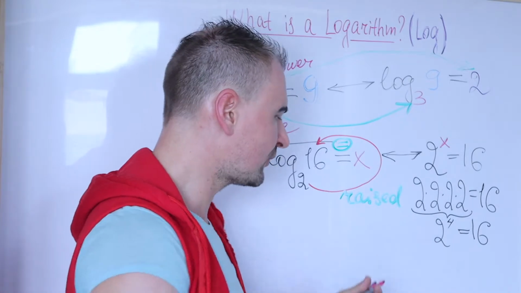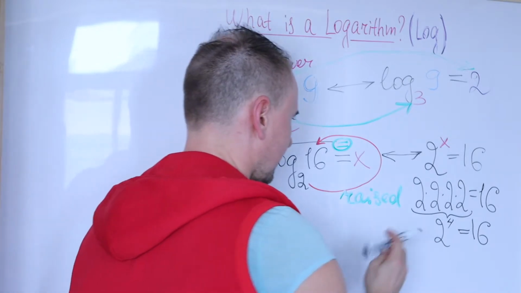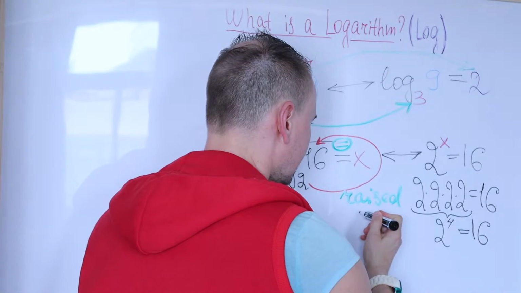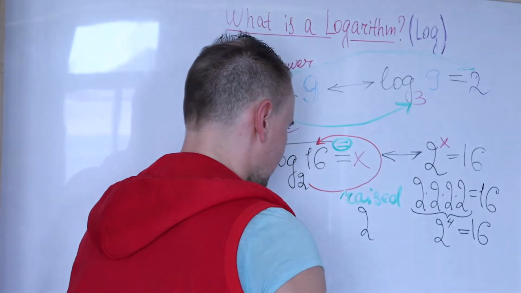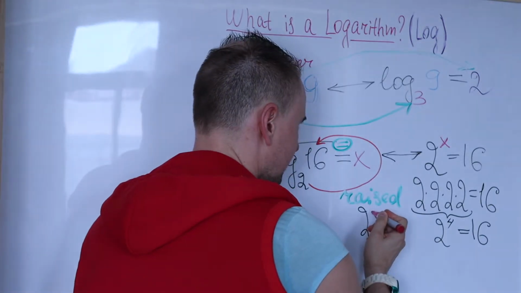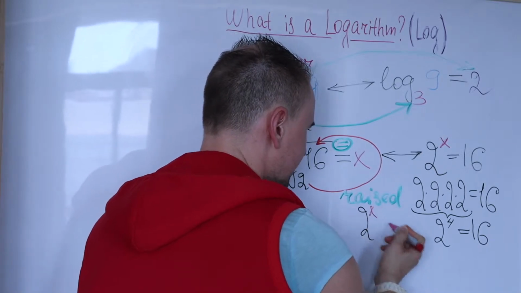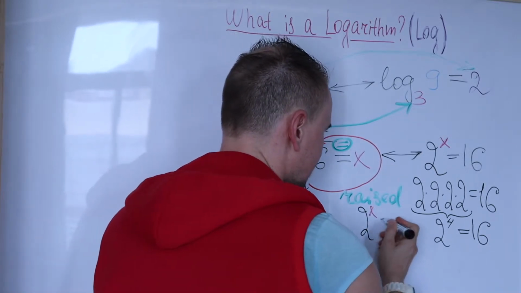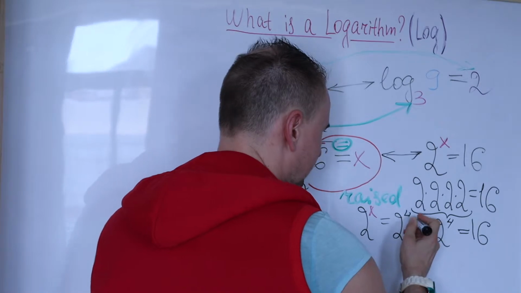So you could come up with 2 to the x is just 2 to the 4th power.